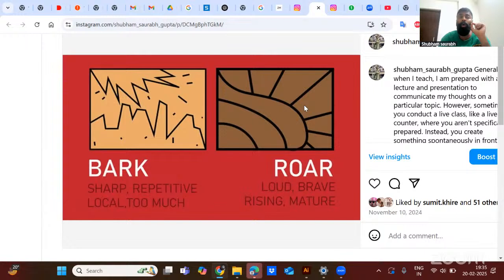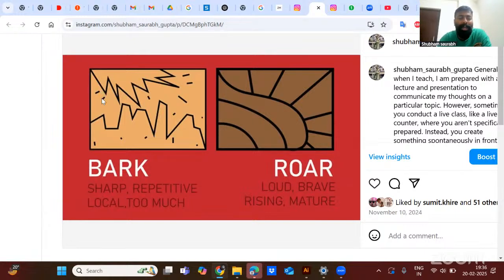you think what visual elements will help you to express these things like sharp and repetitive. Now you see here the lines that you see are very sharp, pointy, and it's not like one big sharp line. There are too many sharp lines, which is giving the sharp, repetitive feeling.